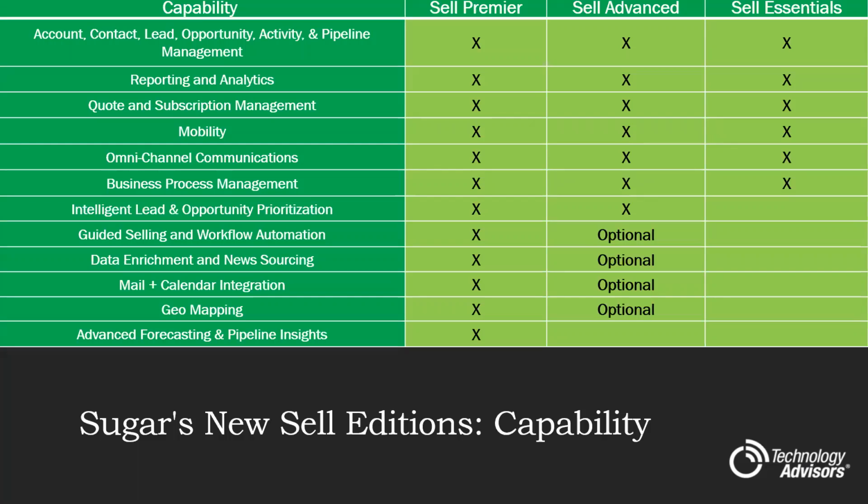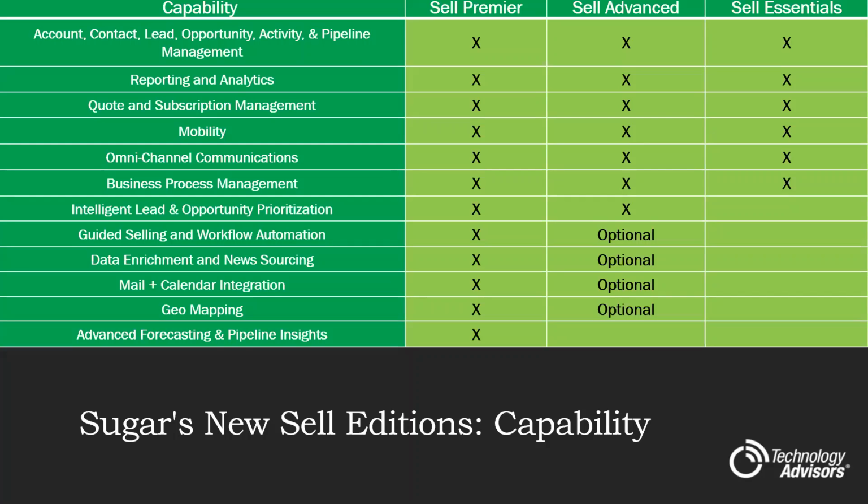And then the one thing to point out that is kind of the biggest distinguishment between Premier and the other versions, Sugar Discover, which is their analytics and reporting tool, is only available in Premier. Sugar's moved that to be embedded in Premier, and it's no longer offered as a standalone add-on as it previously was.